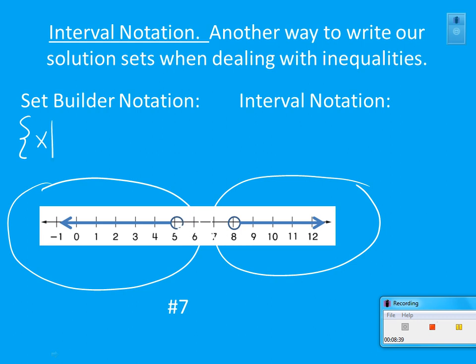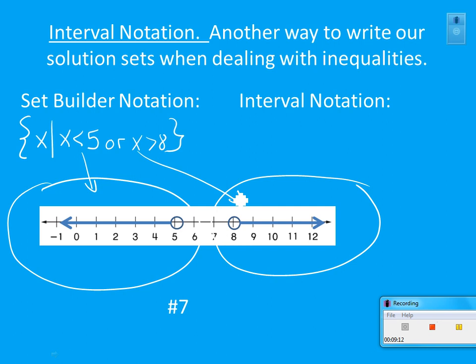It looks like these are all the numbers less than 5. So one piece of it is x is less than 5. And then I'm going to put the word or. And on this one, I need all the numbers greater than 8, so x is greater than 8. Two pieces of the graph, two pieces of the puzzle.